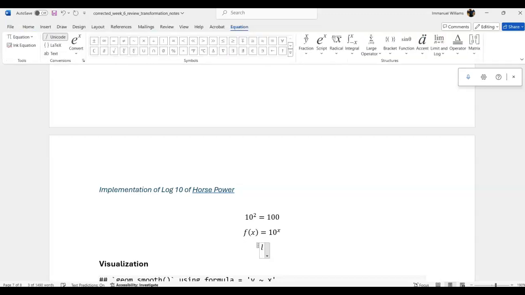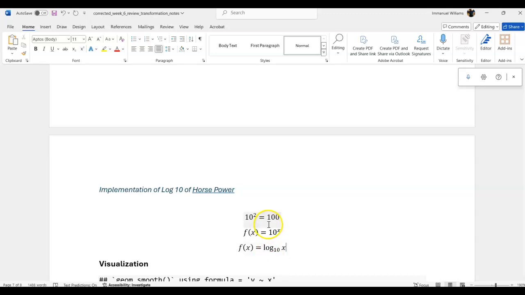Okay, give me a second. Log. Okay, good. Then my variable is x. So now this is f of x. These are inverses of each other.